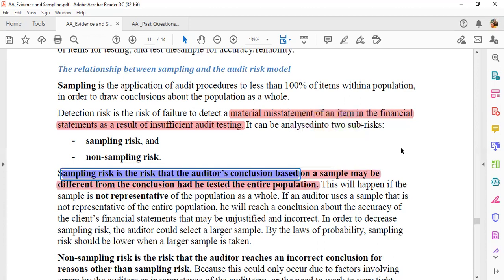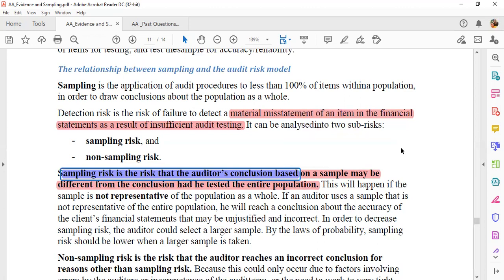Sampling risk is the risk that the auditor's conclusion on a sample may be different from the conclusion if you had tested the entire population. If you had tested the entire population, maybe you could have said another thing, that the financial statement does not give a true and fair view.